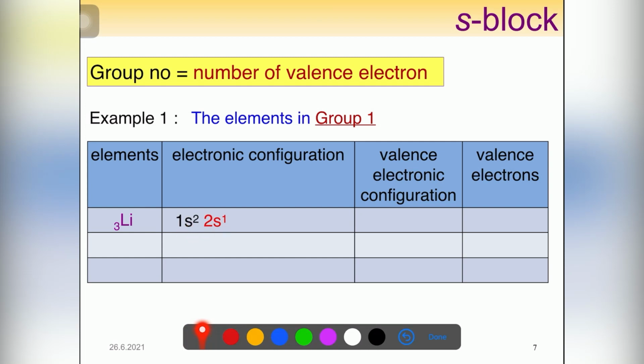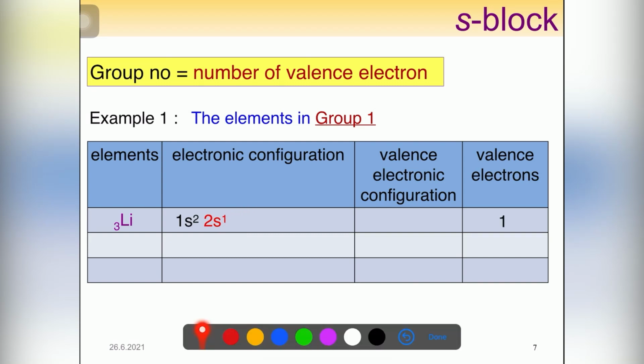The valence electron is located at the highest n or outer shell. So the outer shell for lithium is 2. At n equal to 2 there are only s orbitals, and in the s orbital there is 1 electron. So the valence electron for lithium is 1.